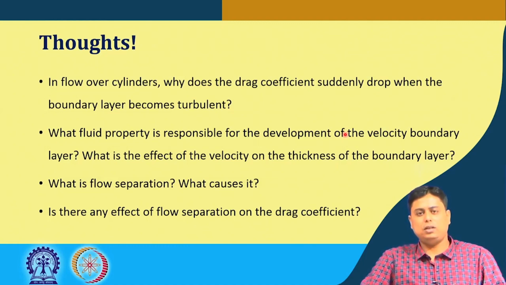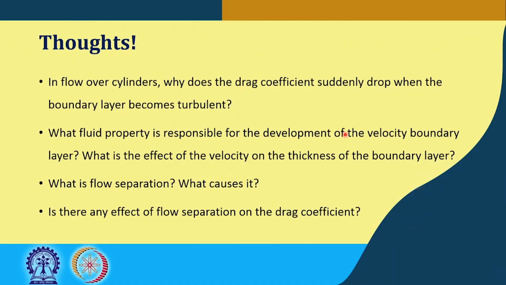You can translate the effect of velocity into the effect of Reynolds number, and then easily answer such questions. What is flow separation and why does it happen? And is there any effect of flow separation on the drag coefficient? You should be able to answer these questions, because in the previous lectures as well as in these lectures, these answers are already given.